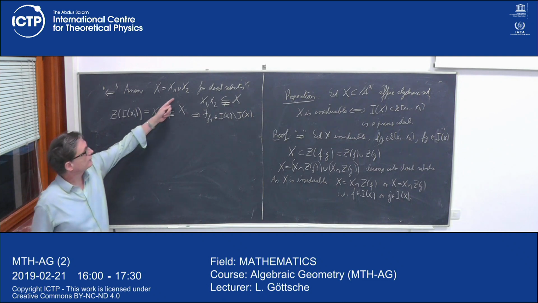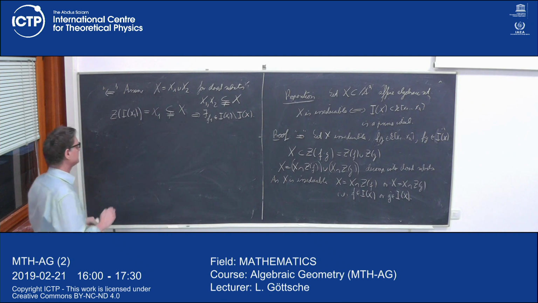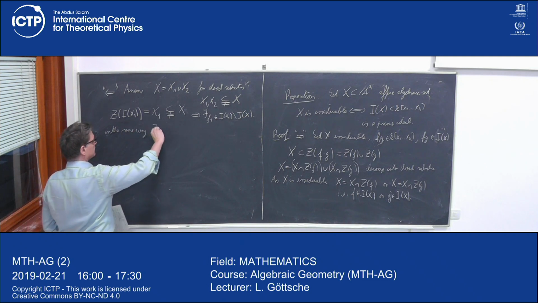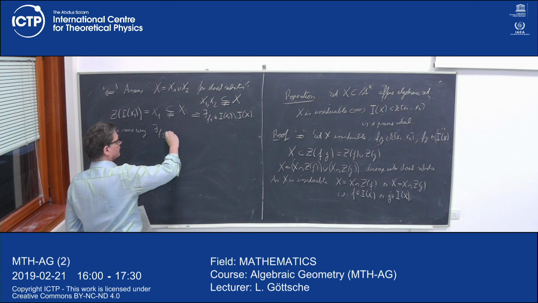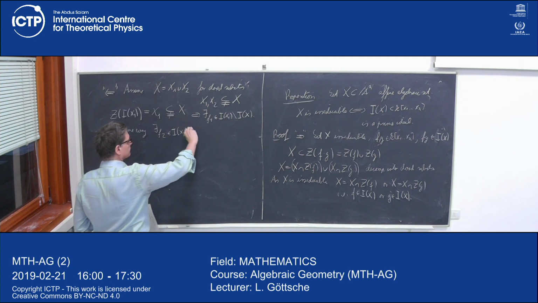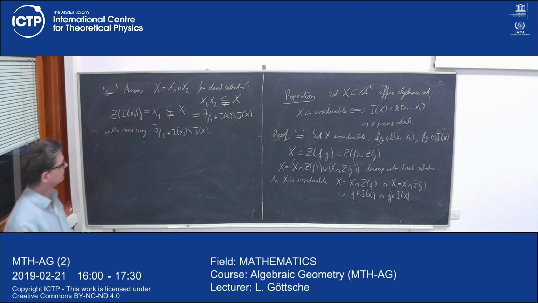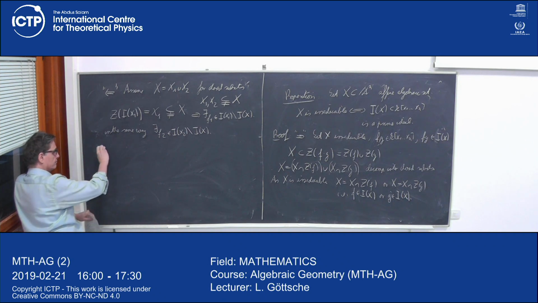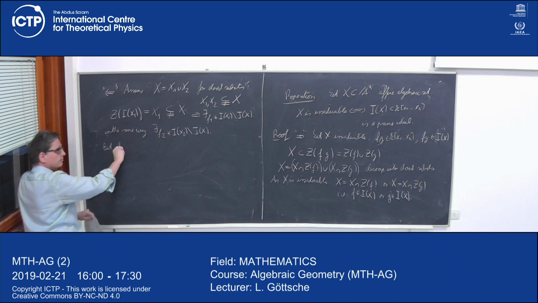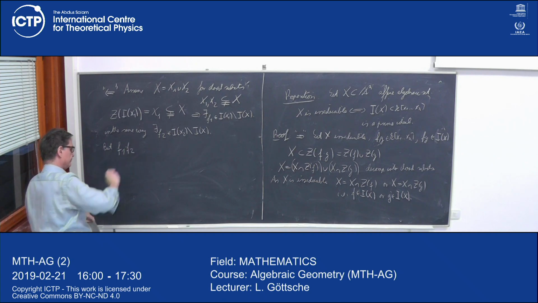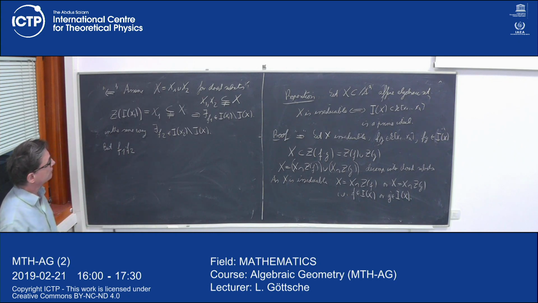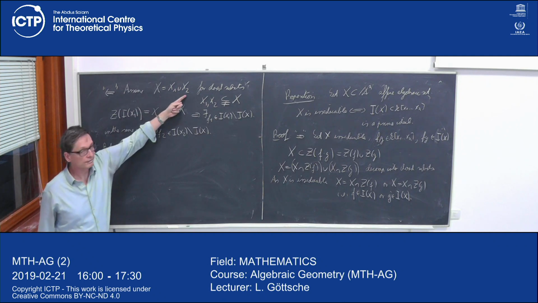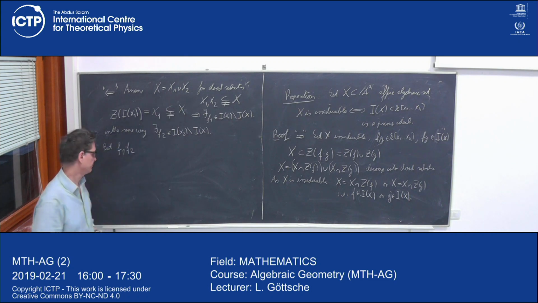And obviously we can argue the same way with X2 instead of X1. In the same way, there exists an f2 in the ideal of X2 minus the ideal of X. But what happens if I take f1 times f2? f1 vanishes on X1, f2 vanishes on X2, so the product vanishes on the union.